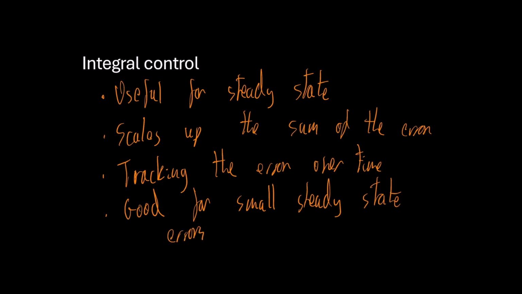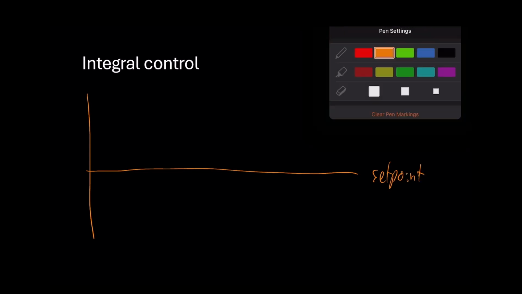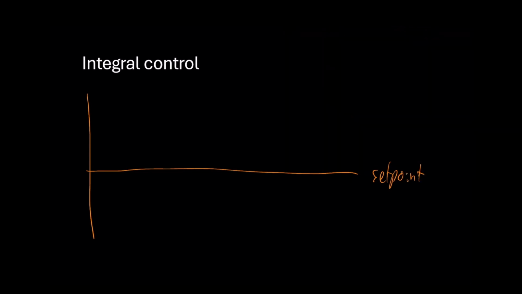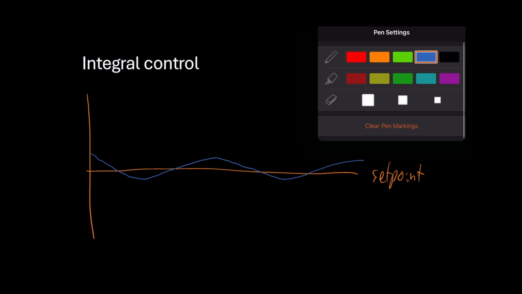So if I draw another graph, you can see what I'm talking about. Imagine you have this graph here, and that's our set point. Now we've passed the transient response, and now we're at a steady state. This happens to be our steady state, this really, really flat oscillation. Well, integral is actually really good at dealing with steady state errors.